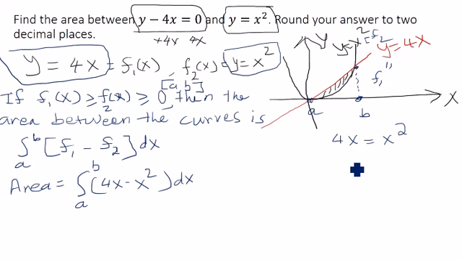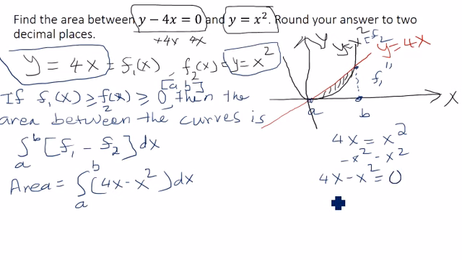To solve this equation, do not cancel x from both sides, because x could be 0 and you cannot cancel 0 from both sides. So the safest way would be to move this x squared to the left by subtracting x squared from both sides. This is going to give you 4x minus x squared equals 0.